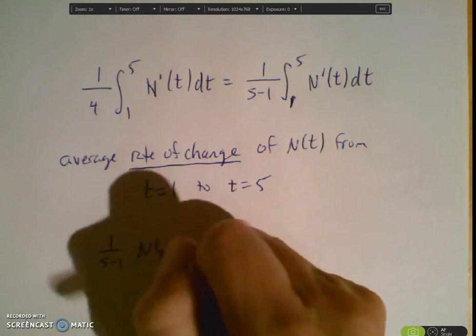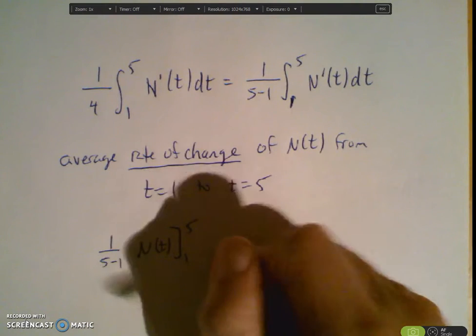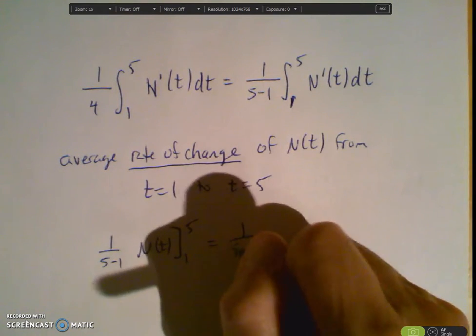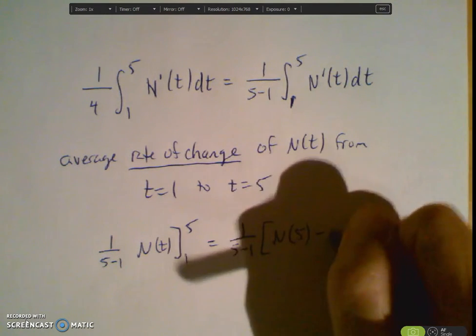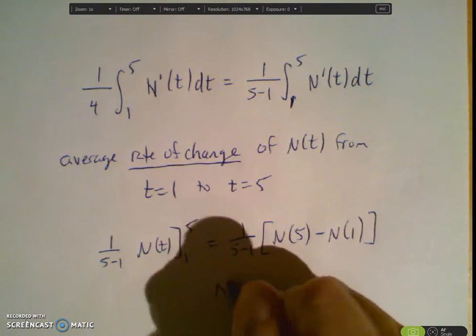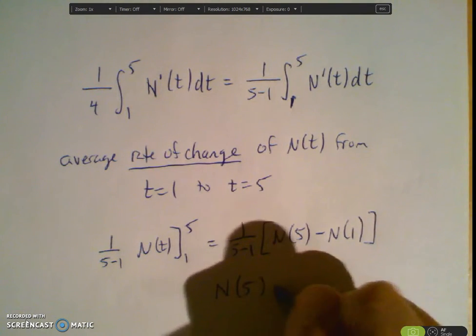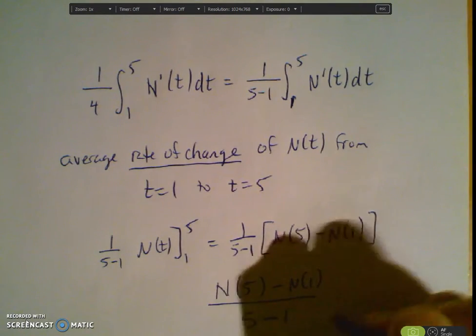So I'll have n of t, and then I'll evaluate it from 1 to 5 using the fundamental theorem of calculus. So I'll have n of 5 minus n of 1. And I could also write that as n of 5 minus n of 1 over 5 minus 1.